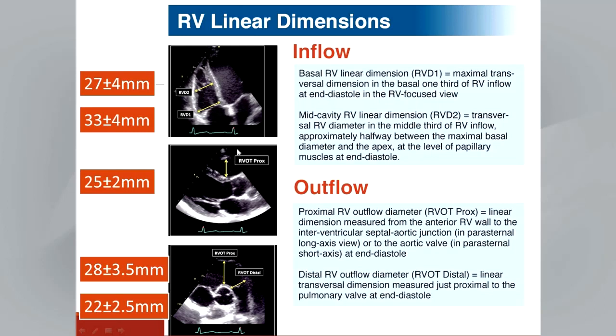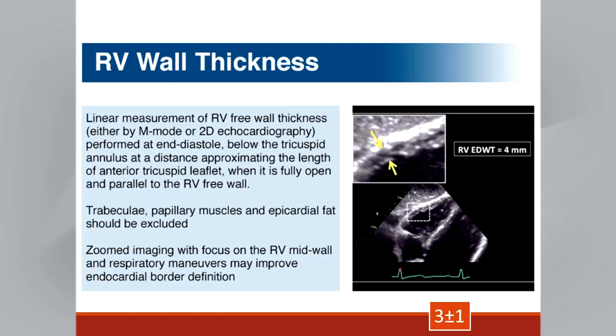And then we provide two other measurements: the proximal right ventricular outflow tract diameter, obtained in the parasternal long or parasternal short axis, from the anterior wall of the RV to the place where the septum conjoins the aorta, and the distal, which is measured at the level of the pulmonic valve. We provide all the normal measurements. All of the measurements of the RV have also slightly changed compared to the RV document.